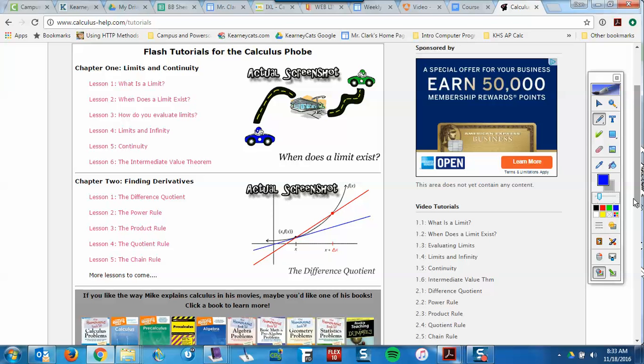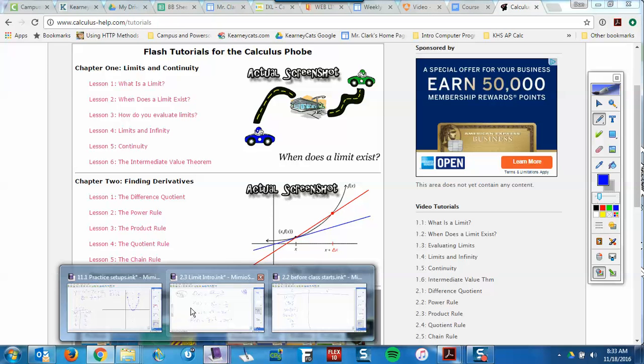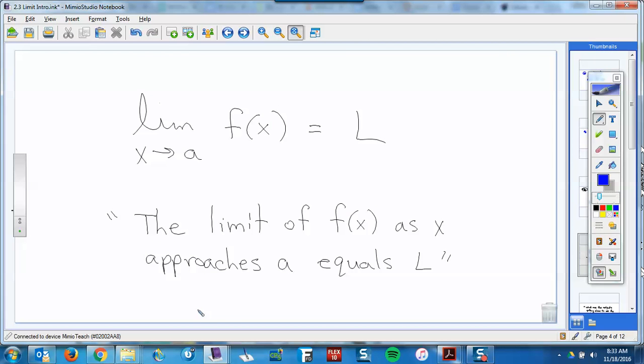So this idea of a limit is kind of this weird, hard thing to grasp, that it's what it's approaching. You can see I had this up here on this other screen. Let me bring that back up. I don't know if you want to write that down, that probably doesn't really matter. But the derivative definition needs this thing called the limit.